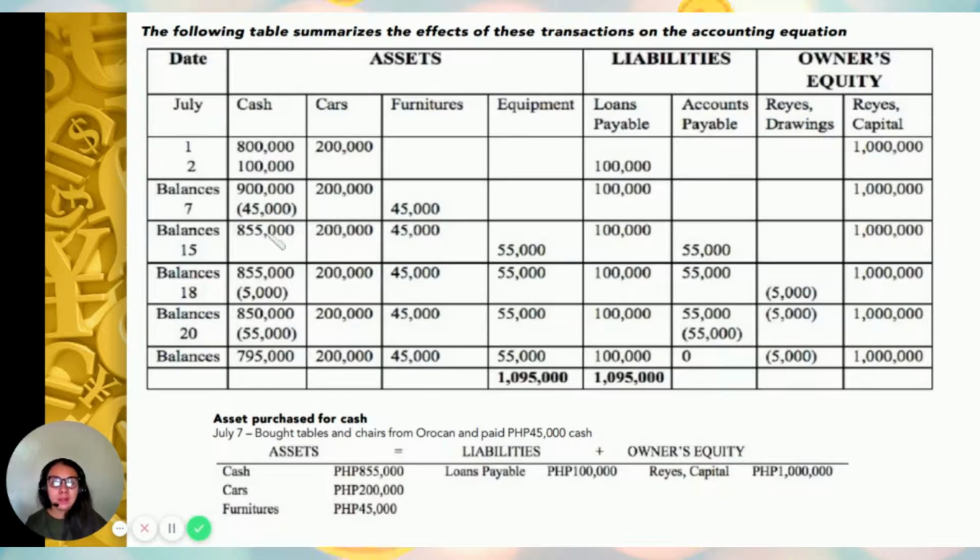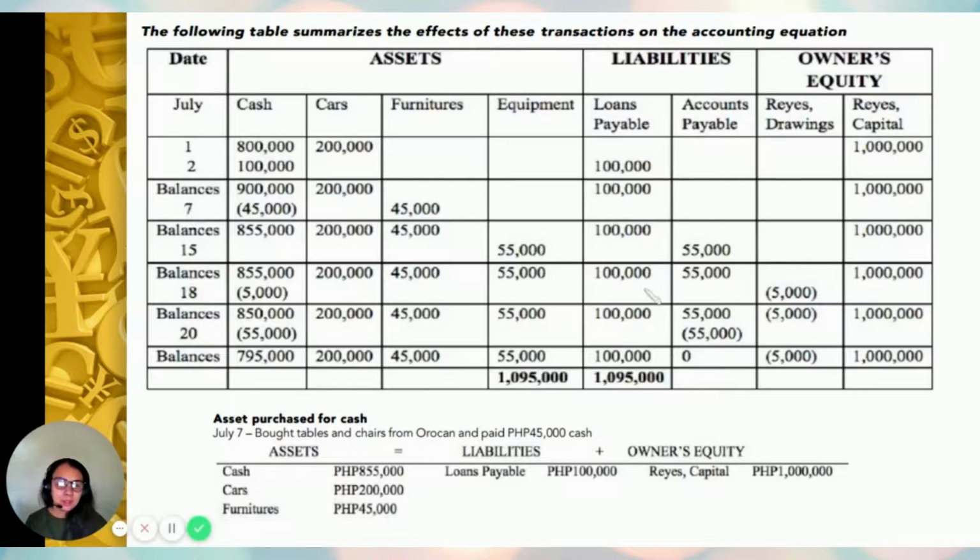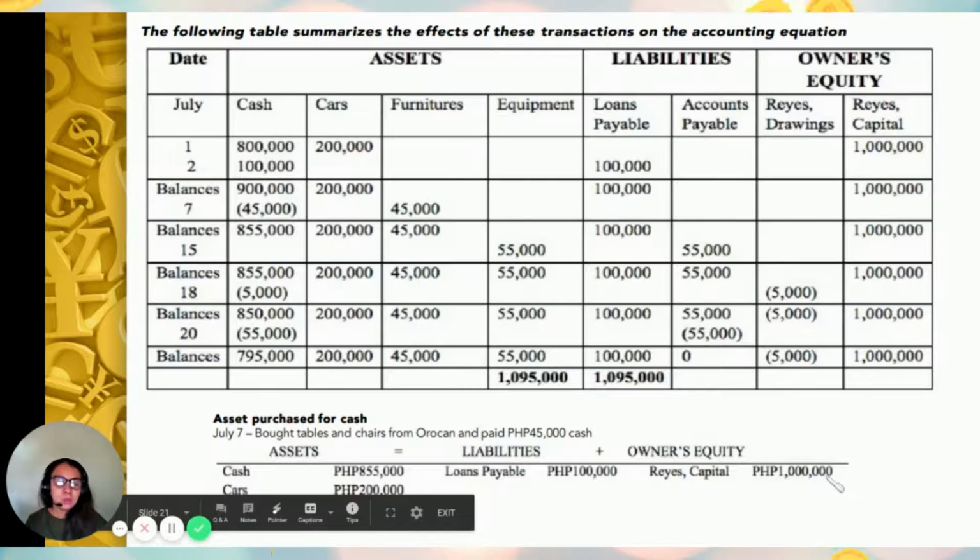Now the balances become 900 less 45, so that's 855,000. This one. The car is still the same, it's 200. And for furniture, we have 45,000. Then the same for the loan and also the Reyes capital account.